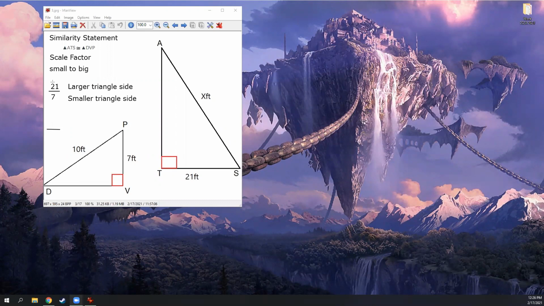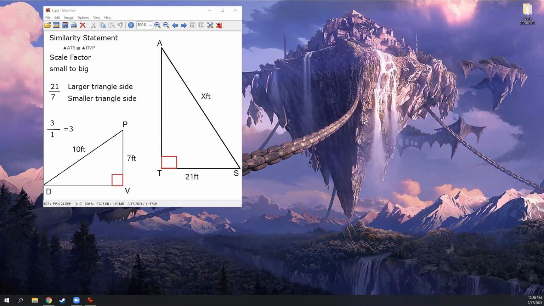So divide both of these by 7. We end up with 3, because 21 divided by 7 is 3, over 1. Anything over 1 equals just the top number, so this is just 3. That means this large triangle is 3 times larger than the smaller triangle.